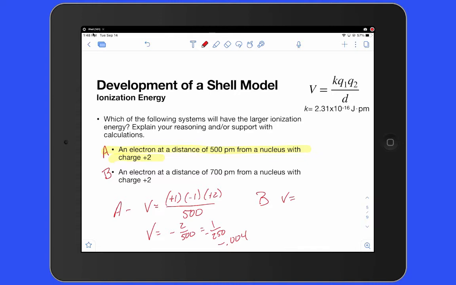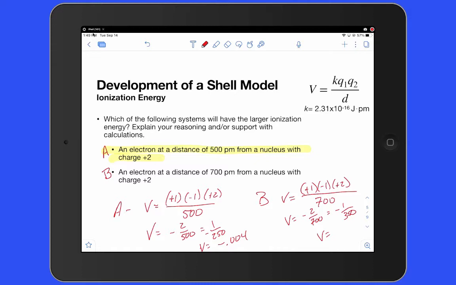Okay, if I do B, then I'm going to have +1 times -1 times +2. That doesn't change. Numerator is the same on both of them. This is going to be divided by 700. So V is going to equal -2 700ths, which is equal to -1 350ths, or V is equal to what?